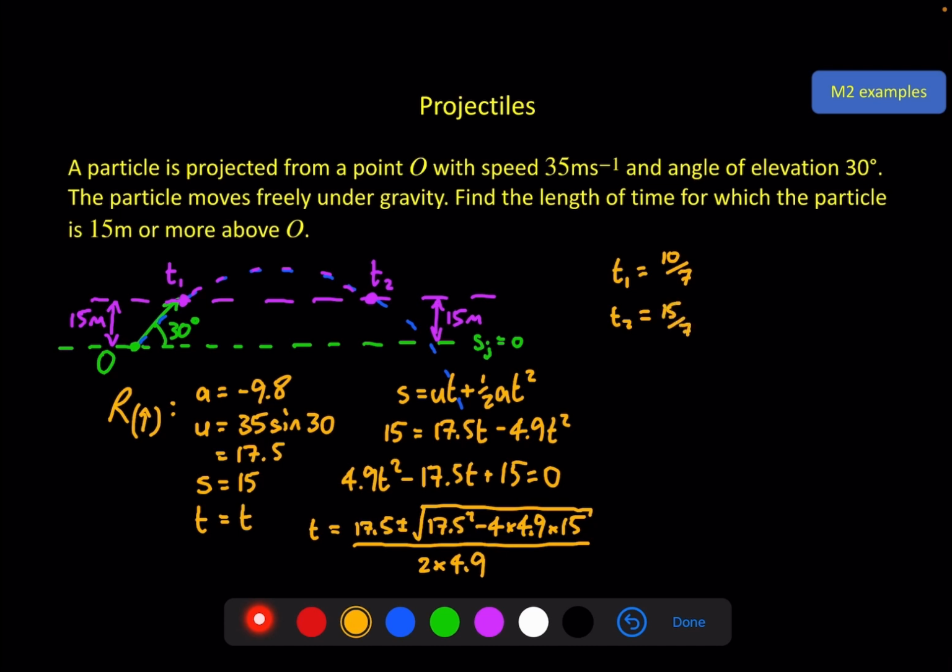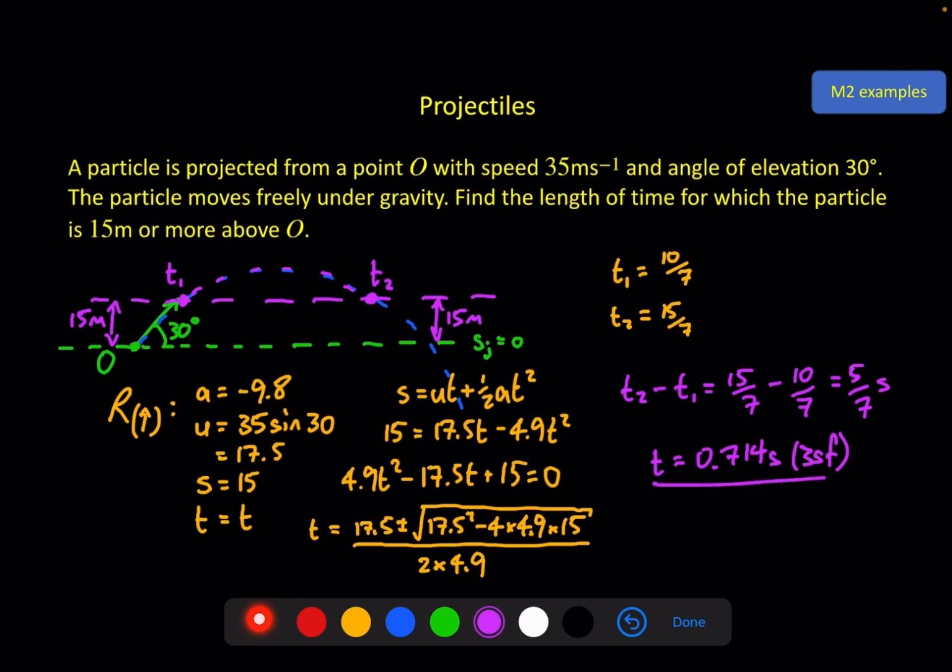I'll leave those as fractions until I finish my final calculation, which is just to subtract t1 from t2. So we've got 15 over 7 minus 10 over 7 is 5 over 7 seconds, and as a decimal, that is 0.714 seconds to 3 significant figures.